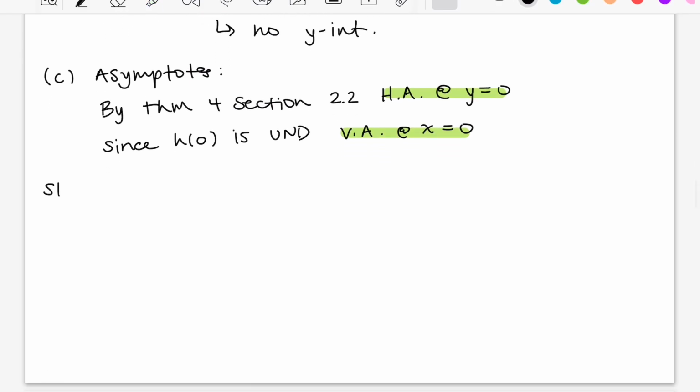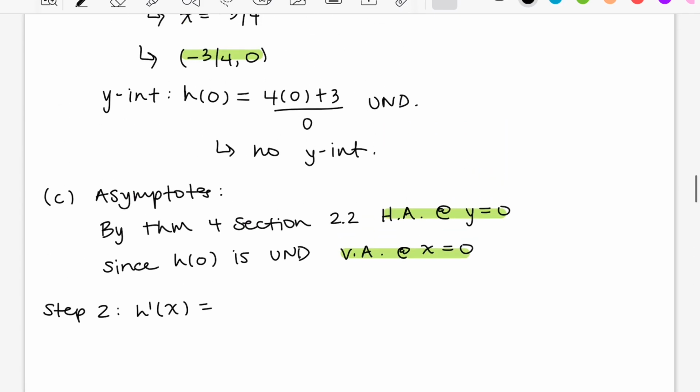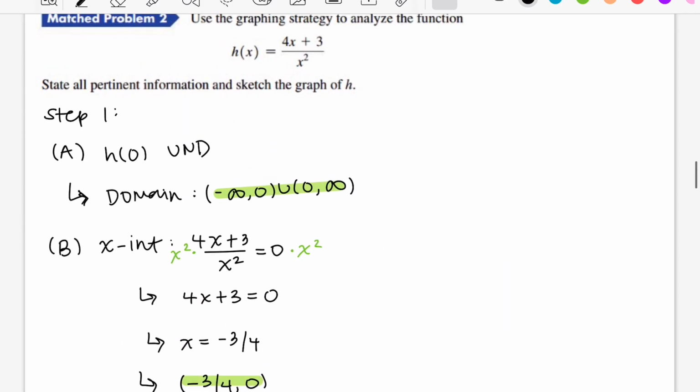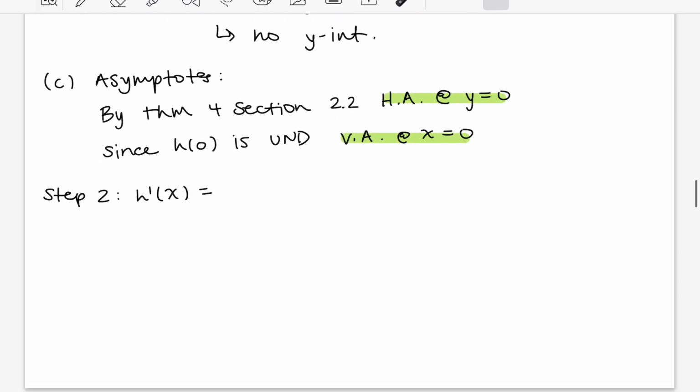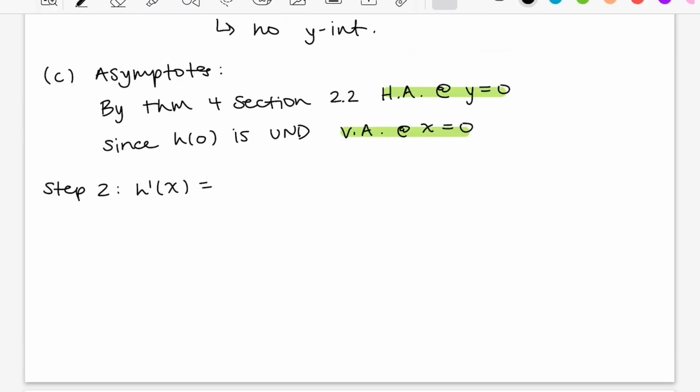All right, now step 2, we're going to analyze our derivative. So in this case, I'm going to use the quotient rule again. So we'll have our bottom function times the derivative of our top function minus our top function times the derivative of our bottom function all over our bottom function squared.